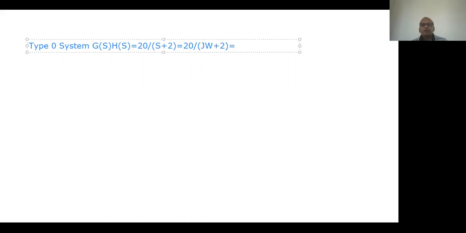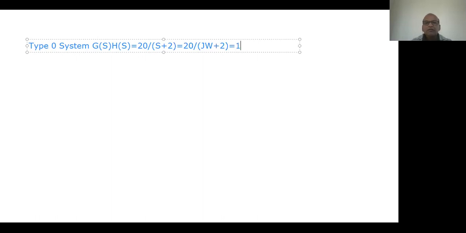Converting into the time constant form, by taking the common 2 from the denominator, 20 divided by 2 gives 10 divided by (1 plus j omega divided by 2).